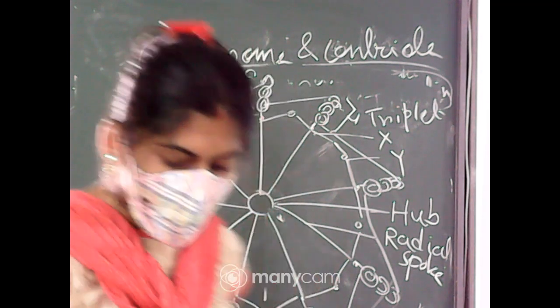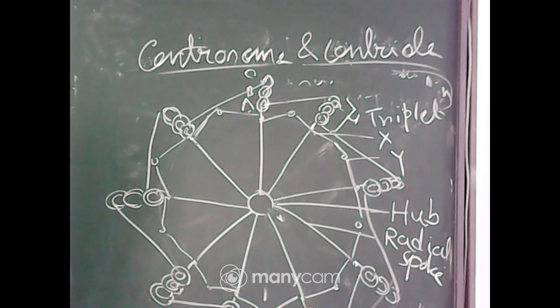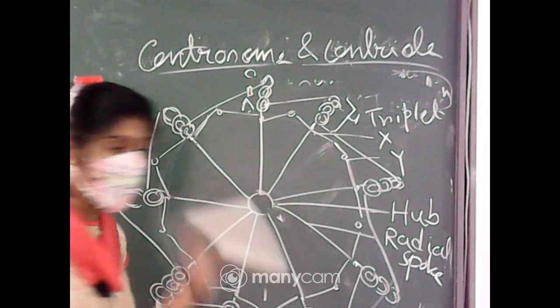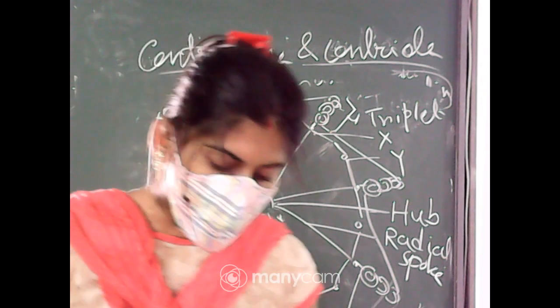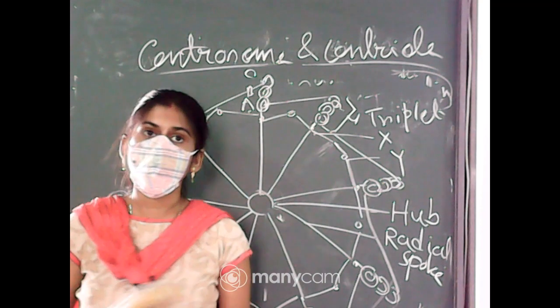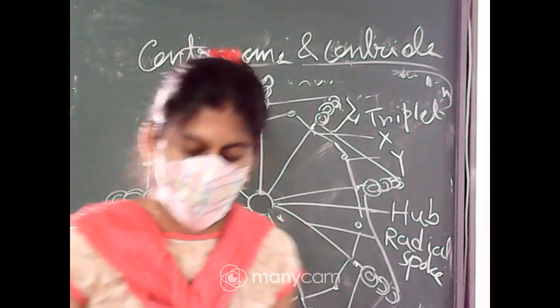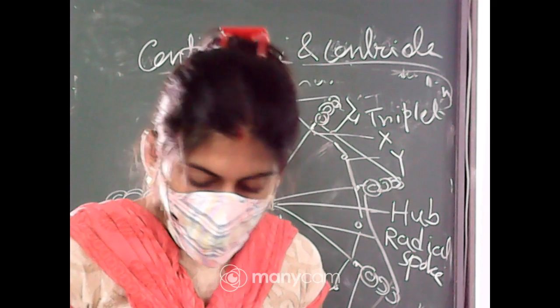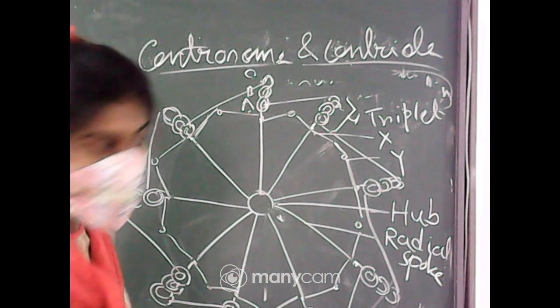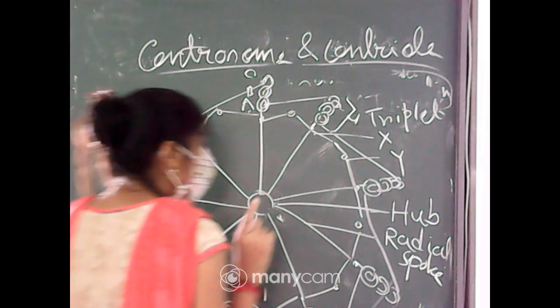The centrioles form the basal body in cilia and flagella, and the spindle. At the time of cell division, spindle fibers are formed from the centrioles. This centriole structure is present only in animal cells, not in plants.